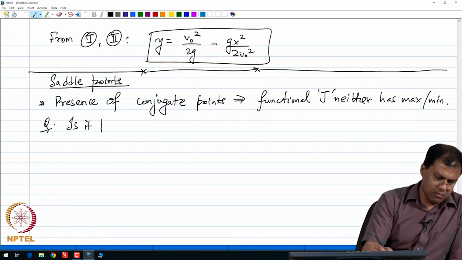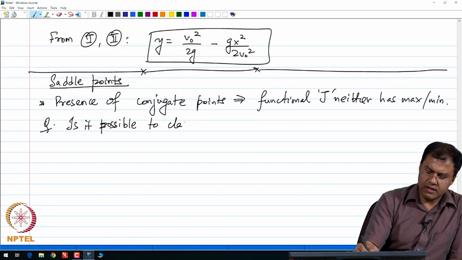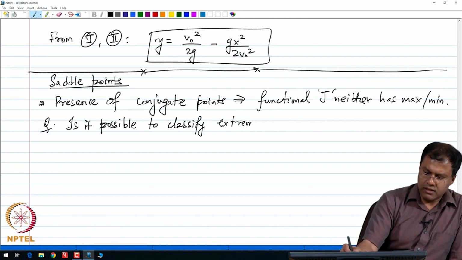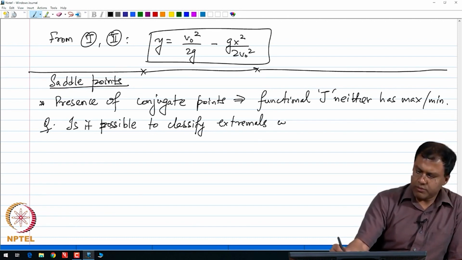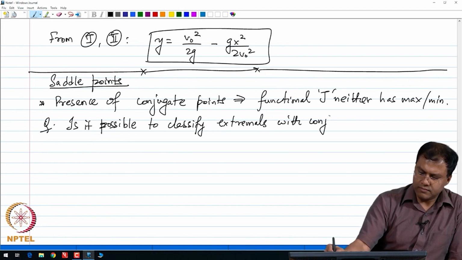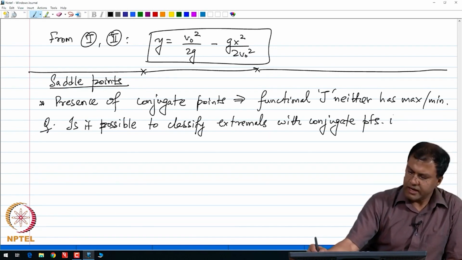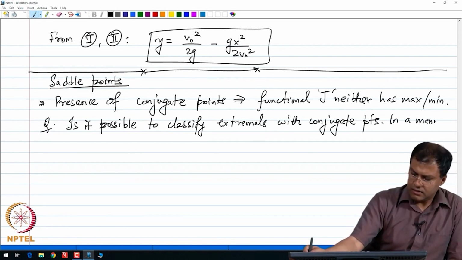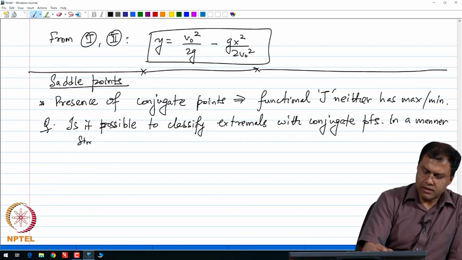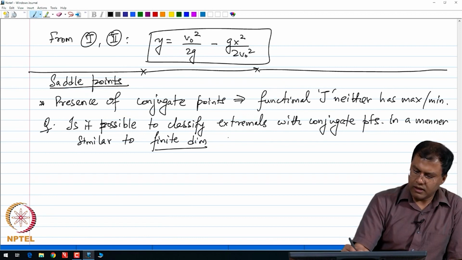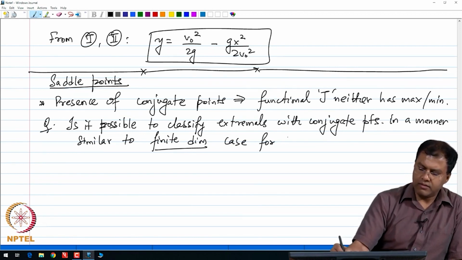Is it possible to classify extremals with conjugate points in a manner similar to the finite dimensional case for saddle points, right.